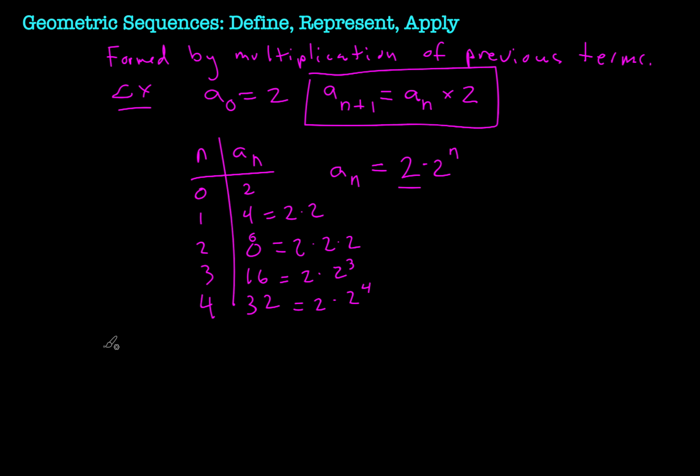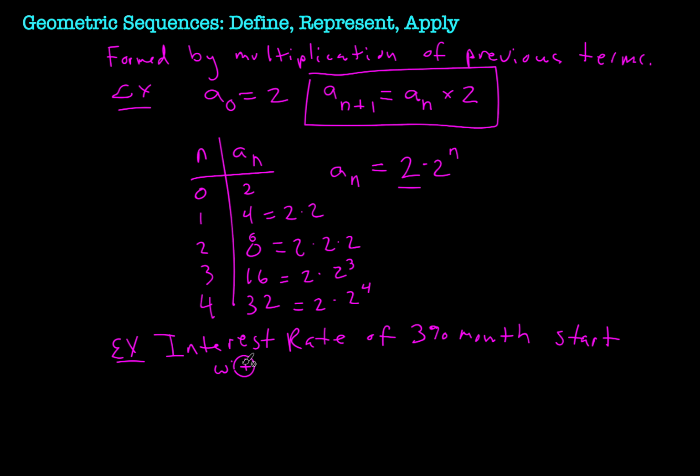In the compound interest example, we may have an interest rate of, let's say, 3% a month, and we could start with $100.